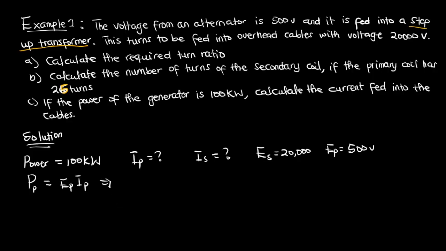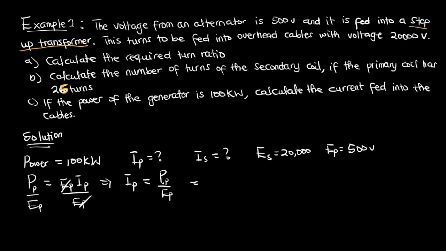Therefore, to find the current fed into the primary core, IP is equal to the power divided by the EMF. We divide both sides by EP, so this will cancel this. Our IP becomes PP over EP. These are just initials.